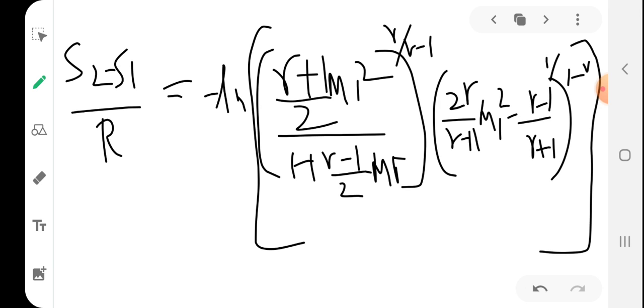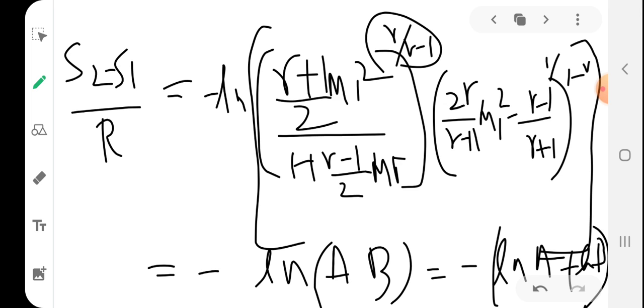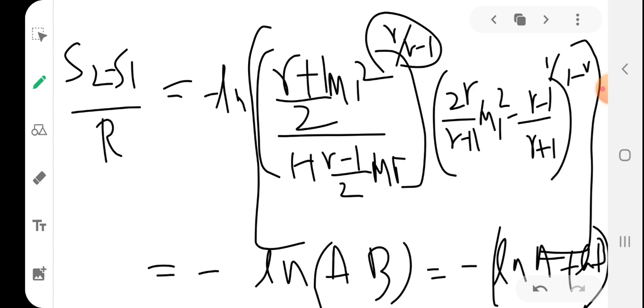Now you can simplify this equation. You could split this, since it is in the form minus log ab, and minus log ab is minus of log a plus log b. I am taking the exponents also outside.